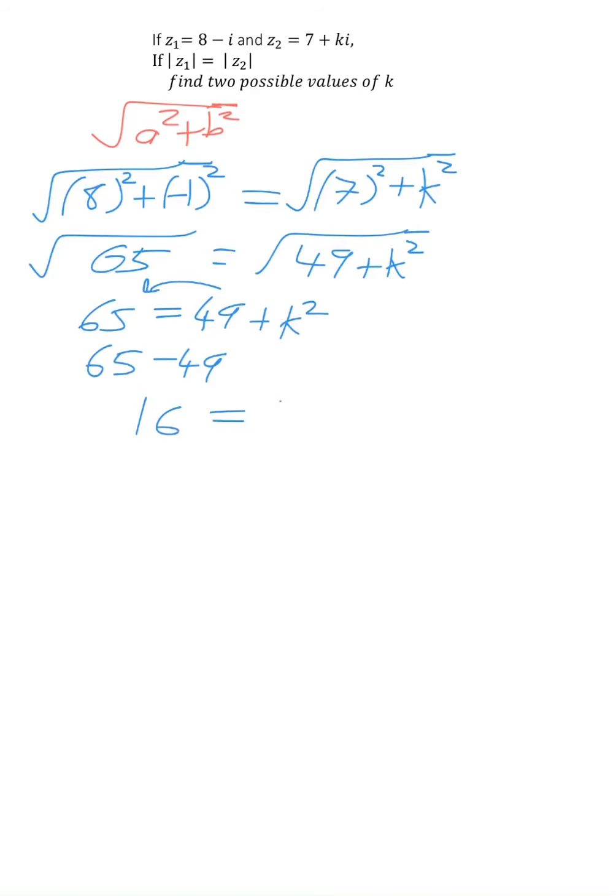So that means 16 is equal to k squared. To get rid of the squared, I'm going to square root 16, and remember, plus or minus 4 equals k. And they're the two answers, plus 4 or minus 4. Okay, and that's it. Any questions, please leave them in the comments. Thank you.